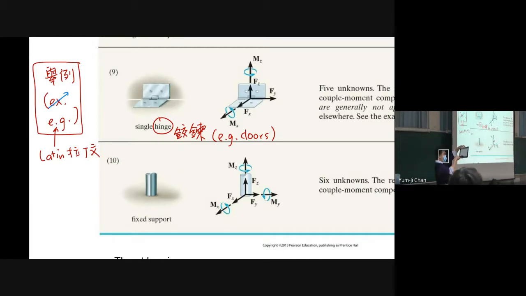But if I fix the cover here, can it move in the other five directions? Seems not, right? It cannot move to the left, to the right, up or down, front and back, and we cannot twist the iPad in the other two directions. So the only direction possible is this one.